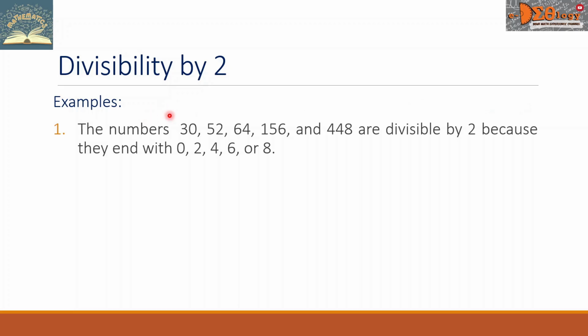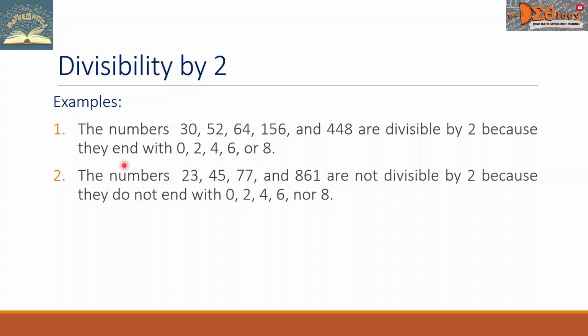Examples. The numbers 30, 52, 64, 156, and 448 are divisible by 2 because they end with 0, 2, 4, 6, or 8. Or we say that these examples are even numbers.